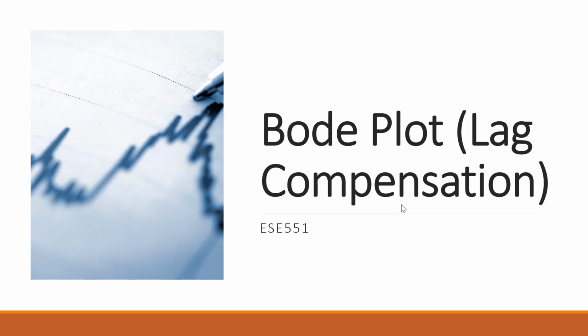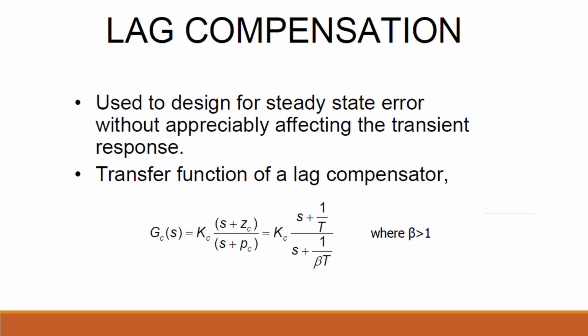So I will explain how to design this lag compensation. Okay, now lag compensation, we know that it is used to solve or to improve the steady state error. It is the same as root blockers.